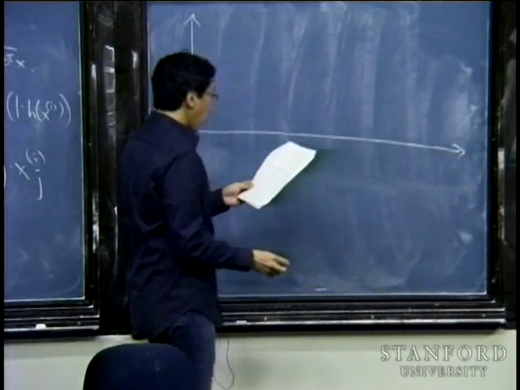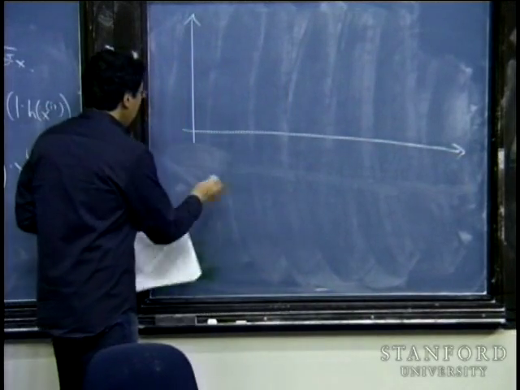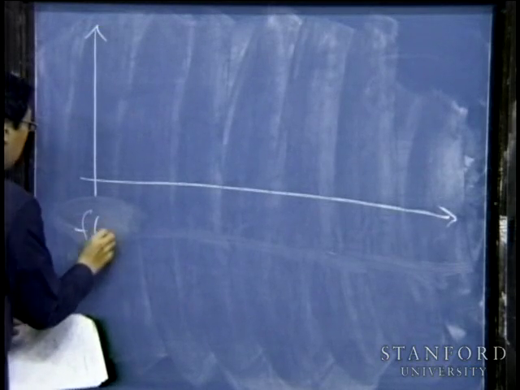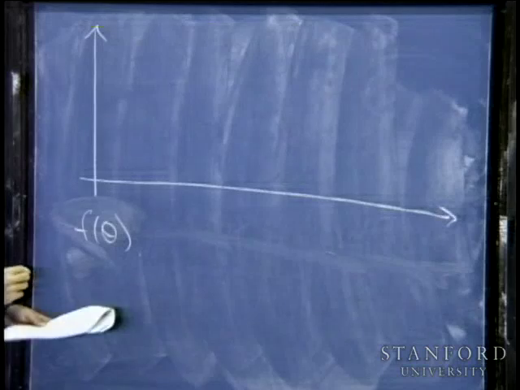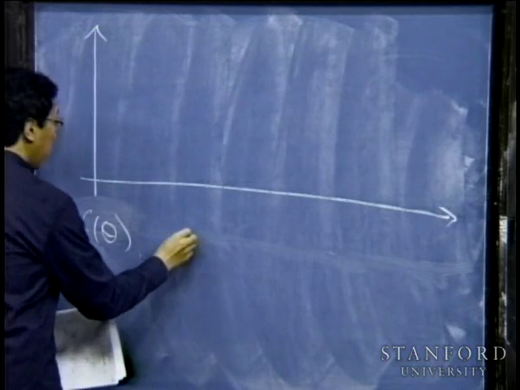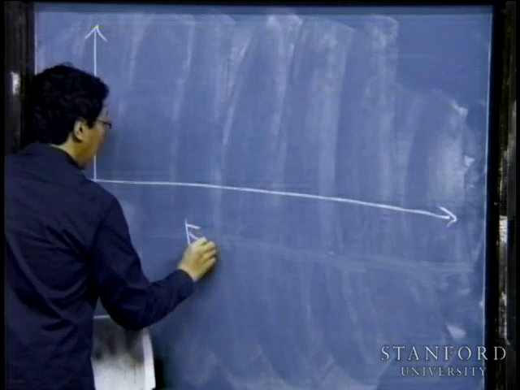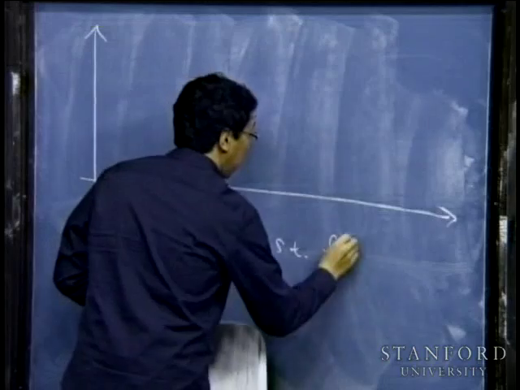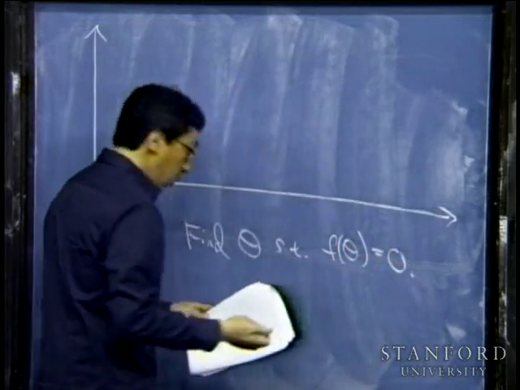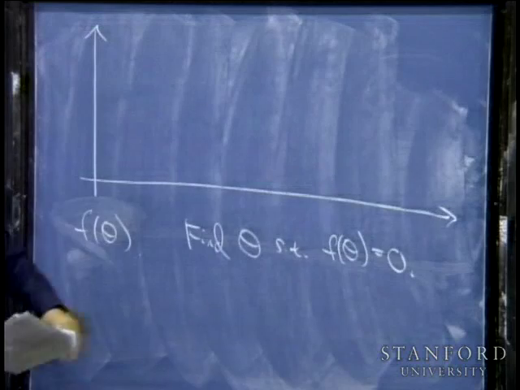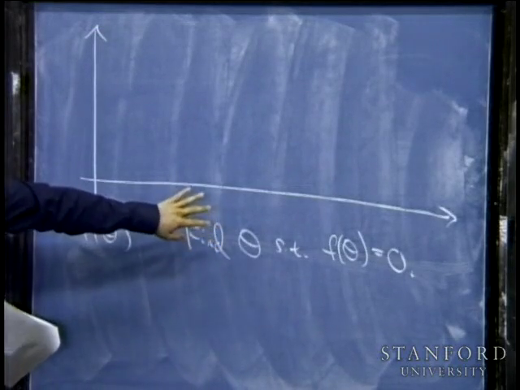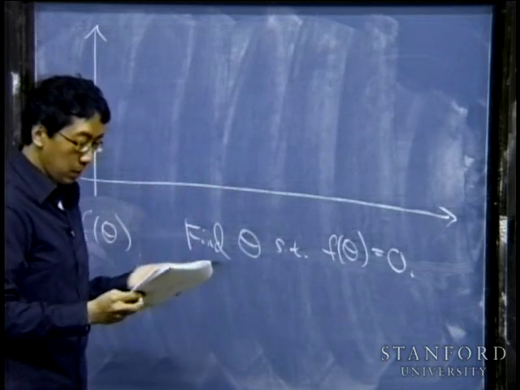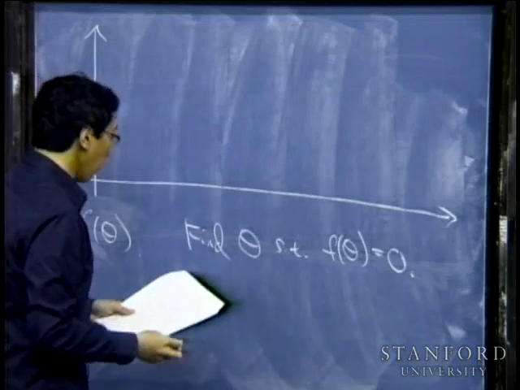Let's say you have a function f of theta, and you want to find the value of theta so that f of theta is equal to 0. Let's start by considering this problem first, and then we'll slowly change this until it becomes an algorithm for fitting maximum likelihood models like logistic regression.